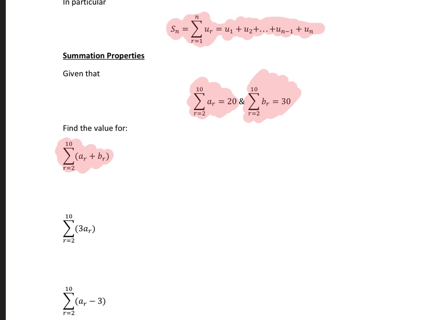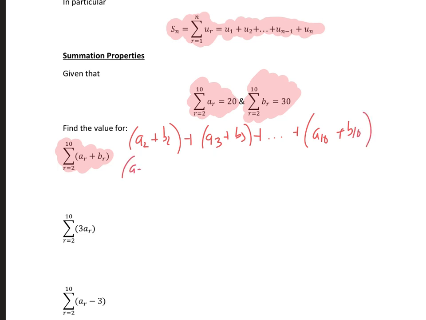Well, you can think of that as, if I sub in the first number, so it's A2 add B2, add, then sub in 3, so it's A3, add B3, add all the way up to A10 plus B10. Now with adding, I can add all the A's together first, can't I? So I could do A2, add A3, all the way up to A10.